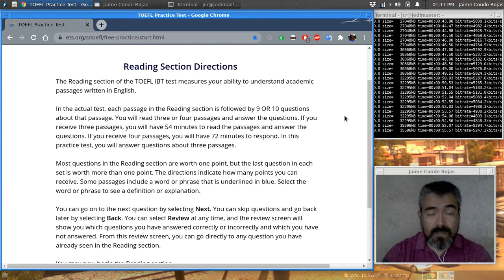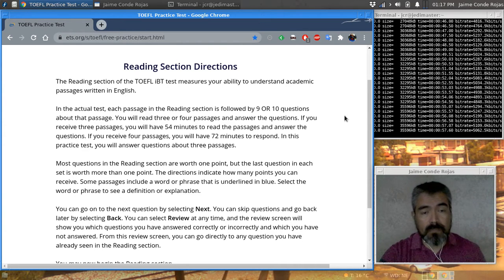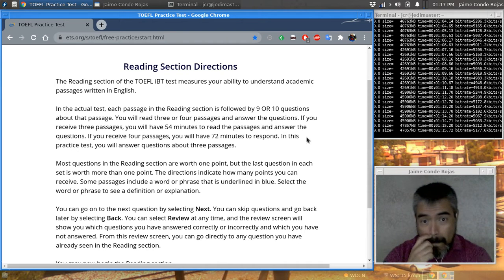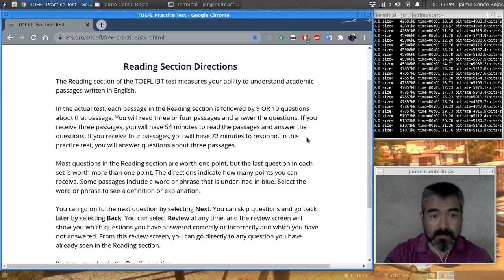Don't worry if you don't know some of the words you find in the test, because you don't have time to look for those words in a dictionary. The time is limited, and sometimes you run out of time trying to understand the whole text.